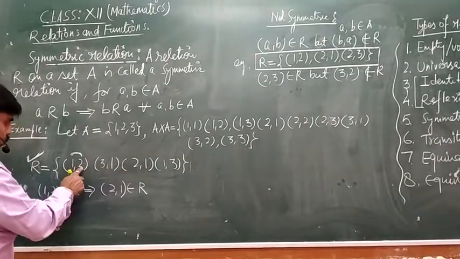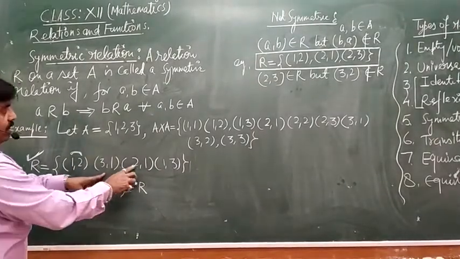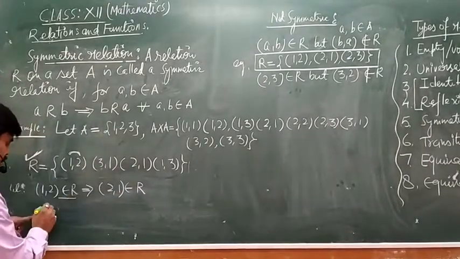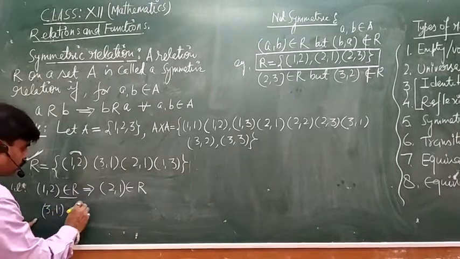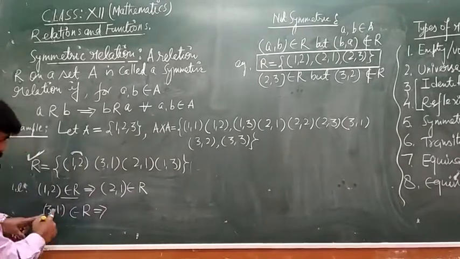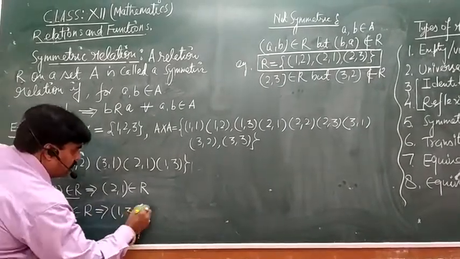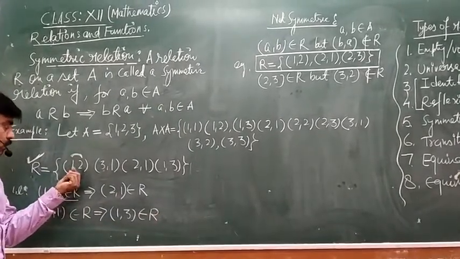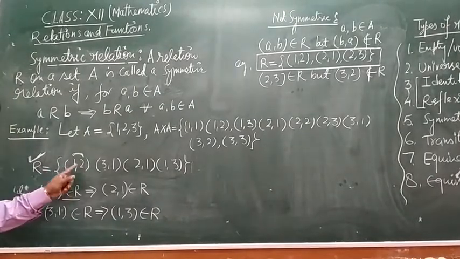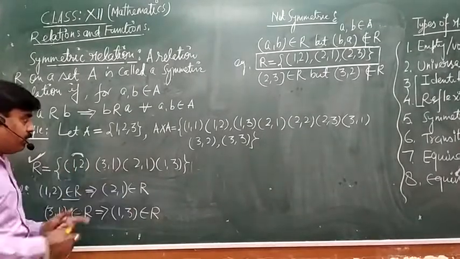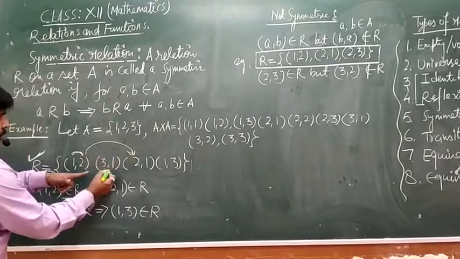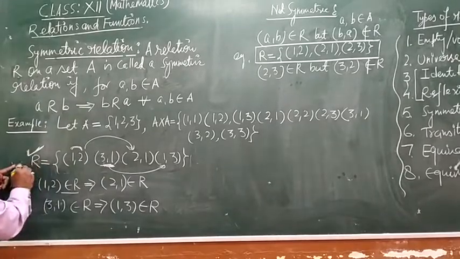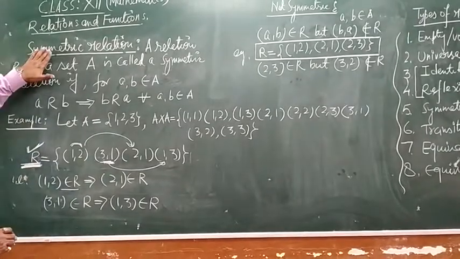So (1, 2) belongs to R, and (2, 1) also belongs to it. Similarly, (3, 1) belongs to R, and (1, 3) must also be in R. Any ordered pair you take, if (1, 2) belongs to R, then (2, 1) must also be in it. Similarly, here is (3, 1), then (1, 3) is also here. So you can see this is a symmetric relation.